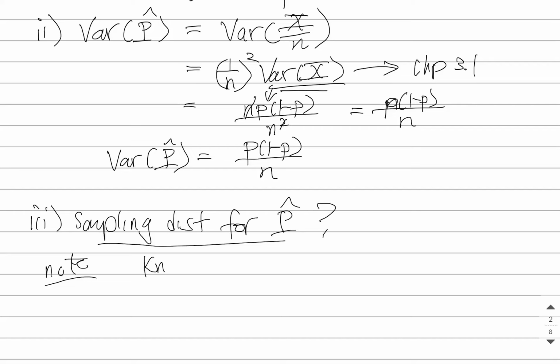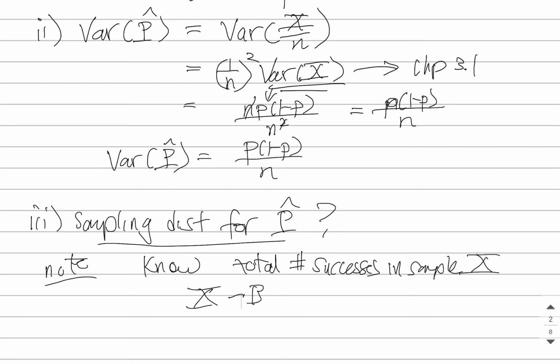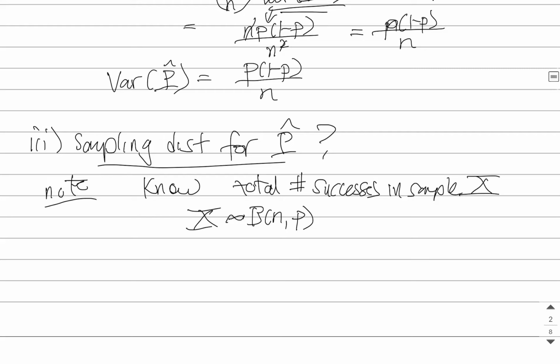So we know that the total number of successes in the sample is given by this X, and X is binomially distributed, related to the sample size n and this unknown population parameter p.